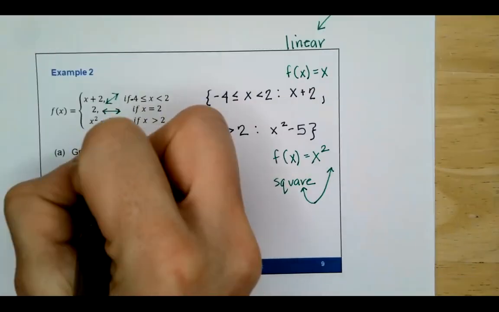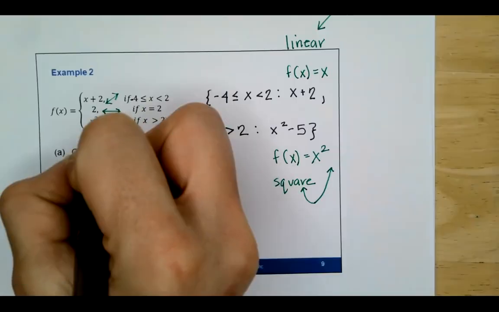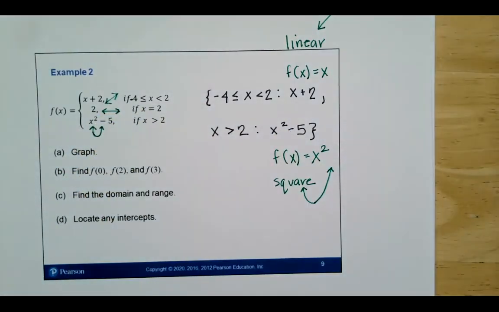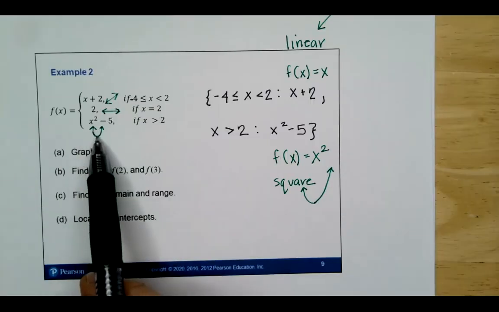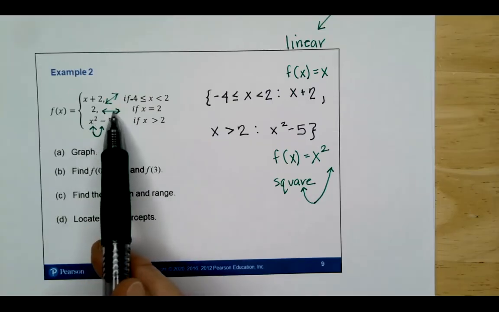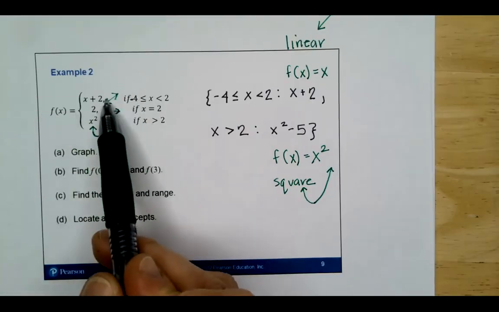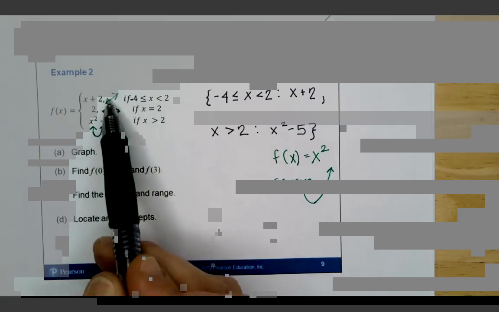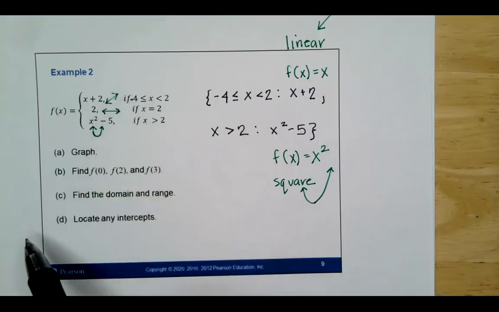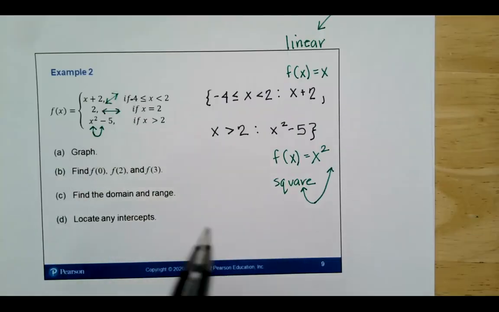X squared is this guy. So that's why we're learning the parent function, so we can picture this. The -5 means something, but I can picture x squared in my head. The 2 is just a line at 2. X plus 2 is a linear diagonal positive slope where x equals y. Okay, so we're picturing those.